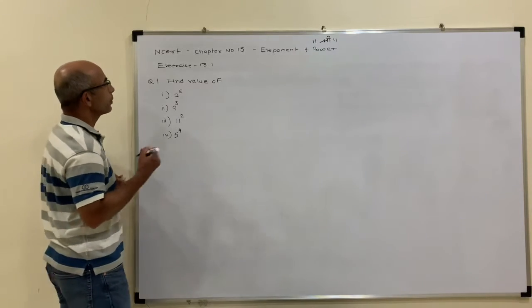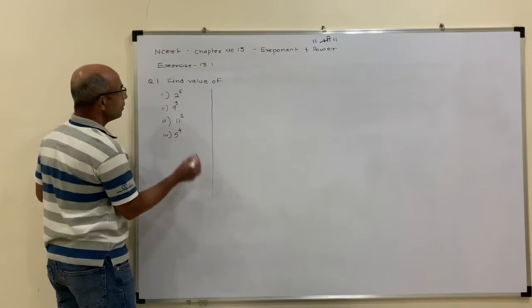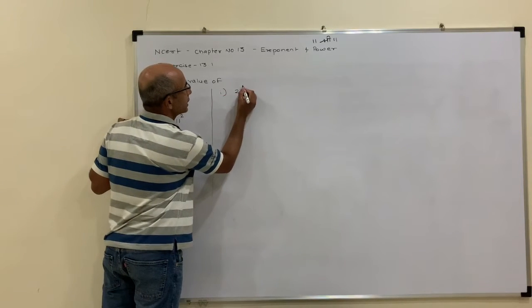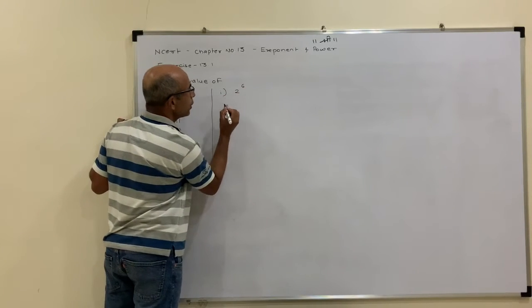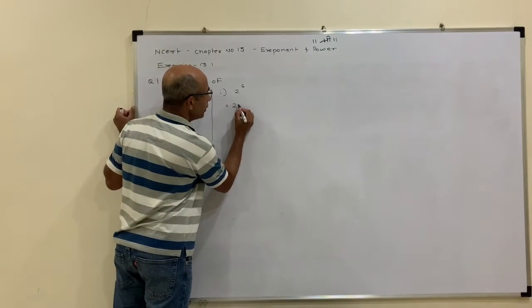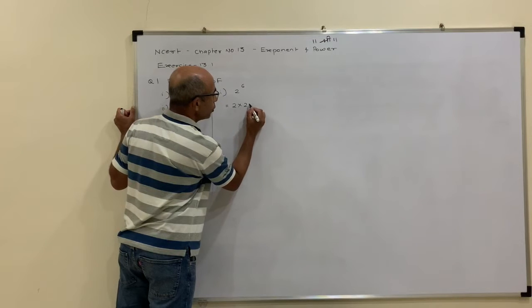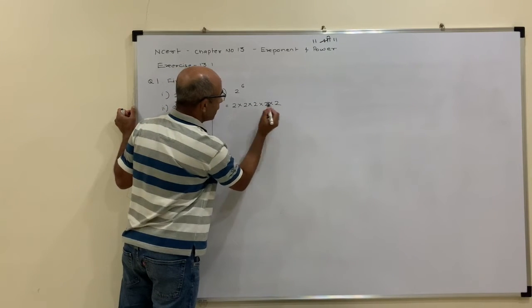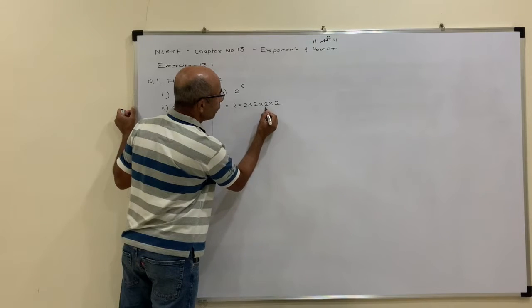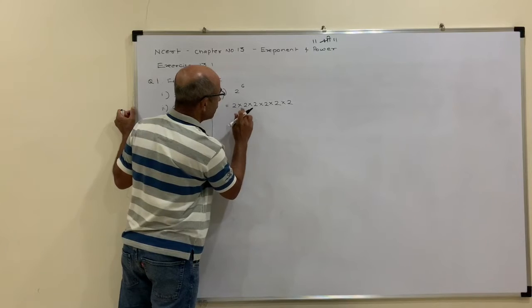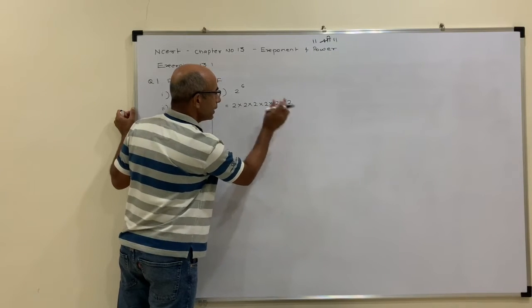So now let's solve the first problem. 2 raised to 6. Now 2 raised to 6 means 2 multiplied by itself 6 times: 1, 2, 3, 4, 5, 6.